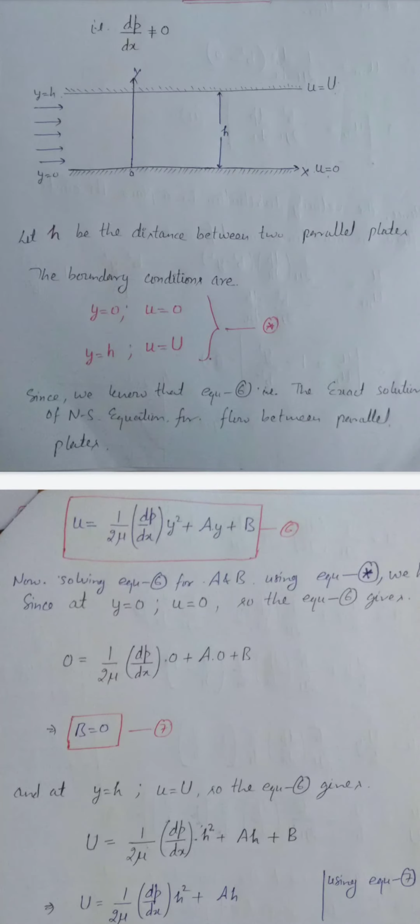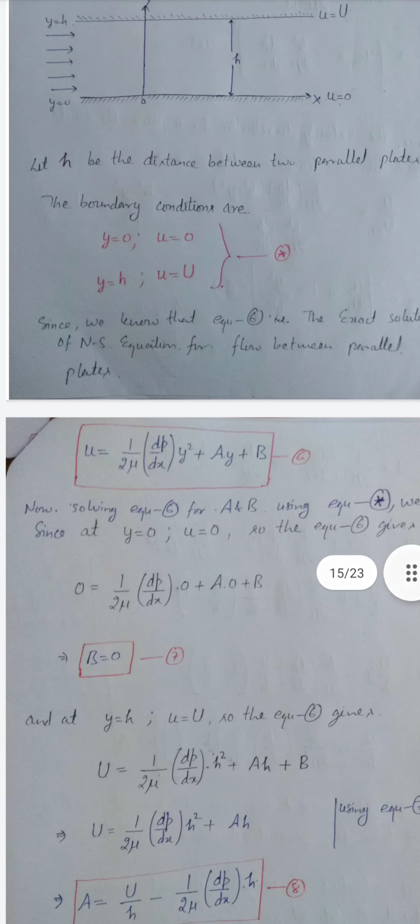We get from here b is equal to 0. Next is y is equal to h, u is equal to capital U. Put these values, we get u is equal to 1 upon 2 mu dp by dx y squared, and y is equal to h, students.